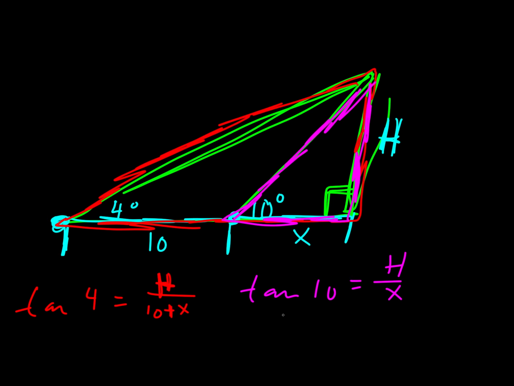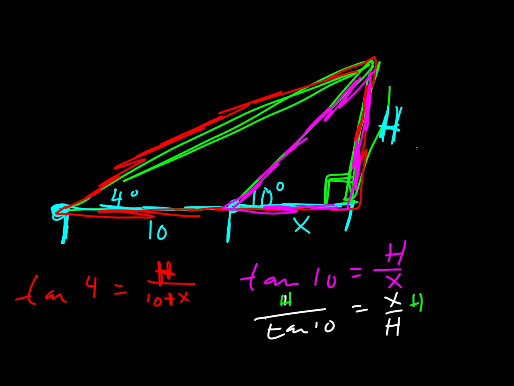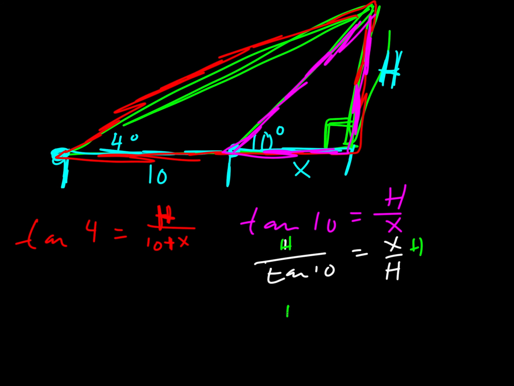So we flip this upside down. Oh, not 10, h. And then we just multiply both sides by h. 1 times h would be h. And so the expression that we get is h over tan 10 equals x, because those canceled.